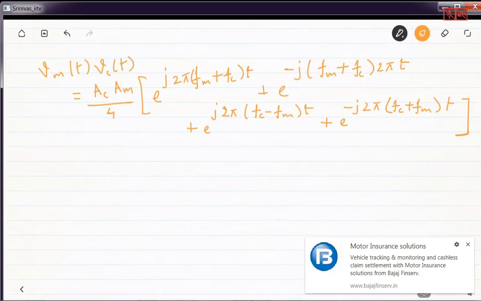So what is the Fourier transform, having done this multiplication? The Fourier transform of Vm of t into Vc of t is equal to, I hope you are getting these things right.